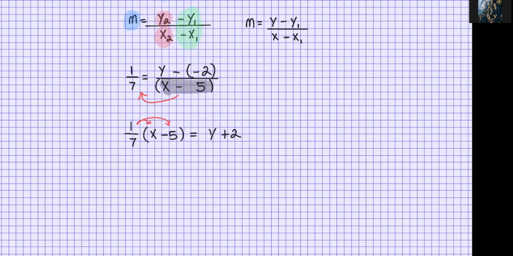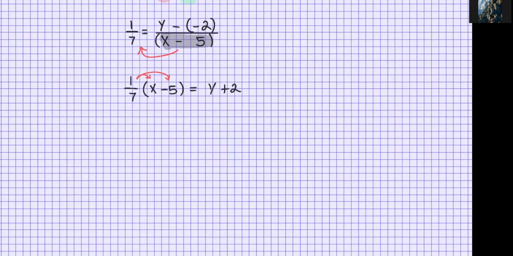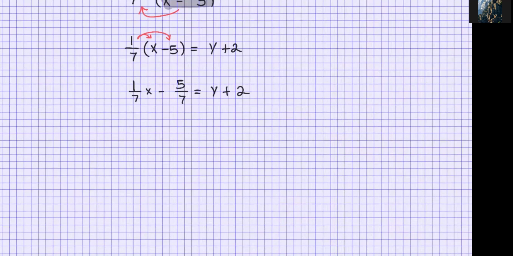Next, we apply distributive property. So we have 1/7 of x minus 5/7. And this is equal to y plus 2. Finally, we're going to send this 2 that is adding on this side, we're going to send it subtracting onto the other side.